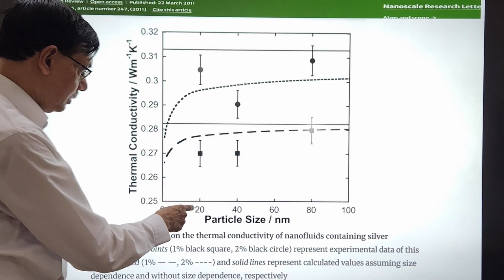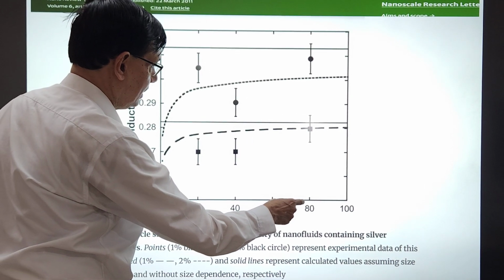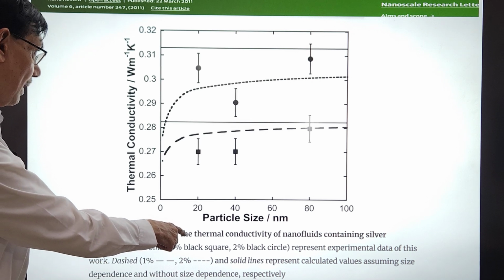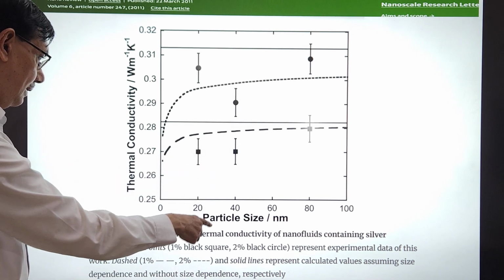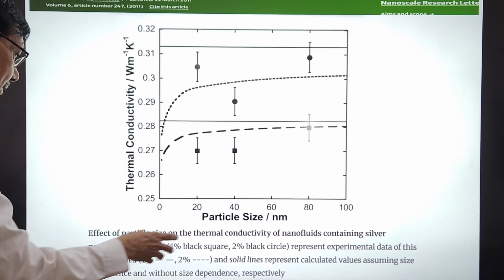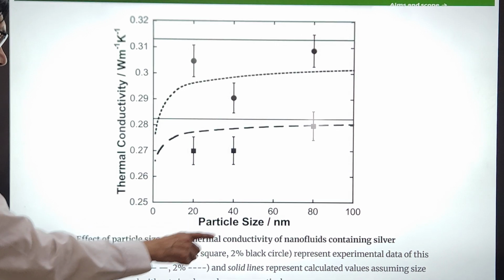Here you see 20 nanometers, then 40, 60, 80 and 100 nanometers. The 1% is the black square, the 2% is the black circle, and so on. These are the experimental data of this work, and the dashed line and solid line represent the calculated values.